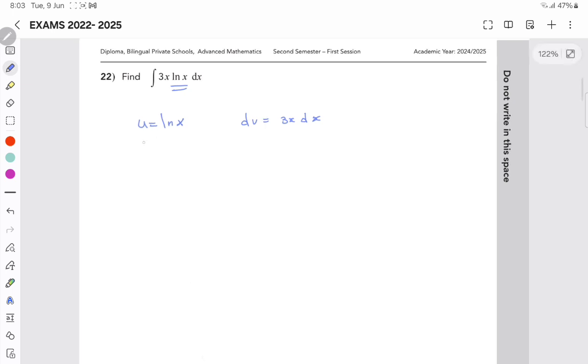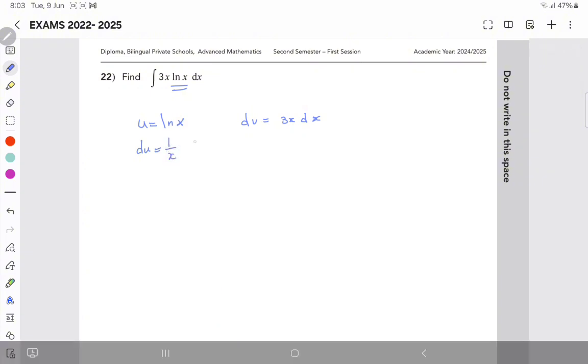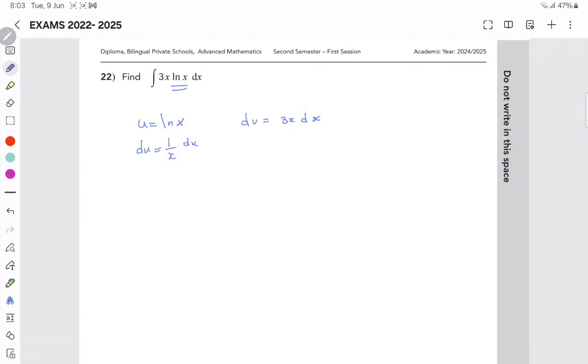In this question, we differentiate u implicitly, the derivative of u is 1 over x dx. And I will integrate dv: we just add 1 to the power, it will be x squared, and here 3 over 2.